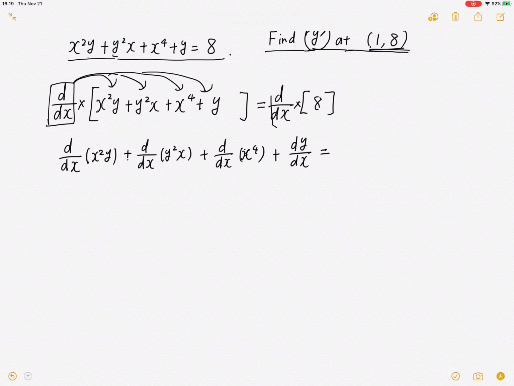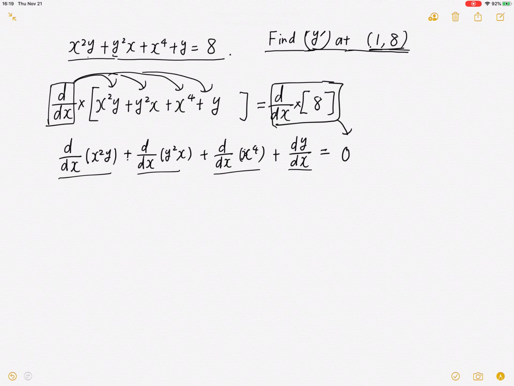And what about the right side? You're taking the derivative of a constant 8, right? What is that? That's 0. 8 doesn't change with the change of x, so that's why it's 0.